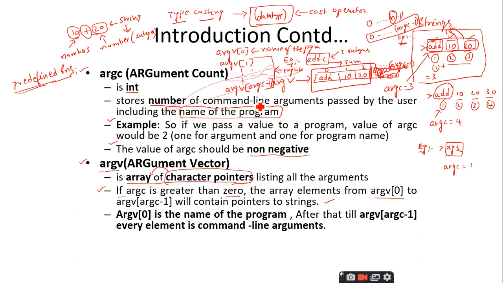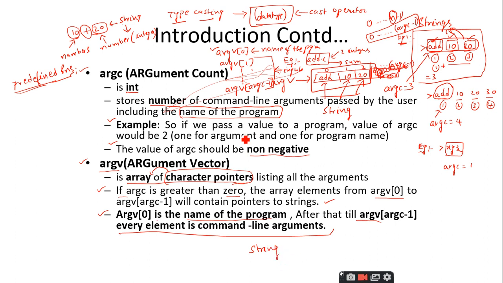So, from argument vector 1 to argument vector of argument count minus 1, everything we will be treating as the inputs to the function, except the argument vector 0 where it stores the name of the program. And remember, very important point, this add and 10 and 20, everything is treated as a string, right. And this one we have discussed. Argument vector of 0 is the name of the program, and after that till argument vector of argument count minus 1, every element is a command line argument and everything is a string. This is very important.